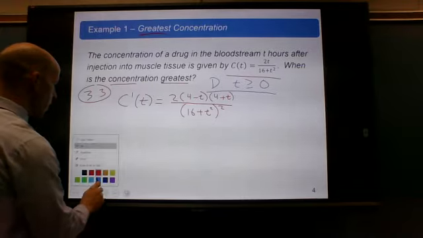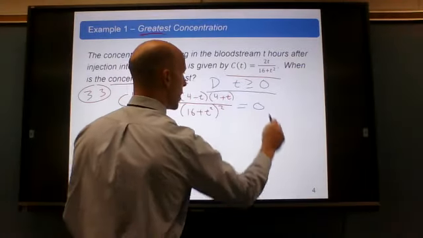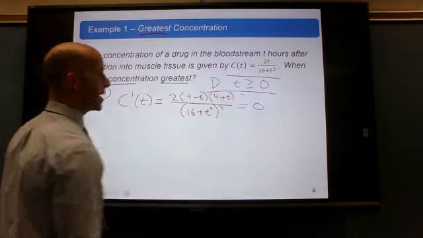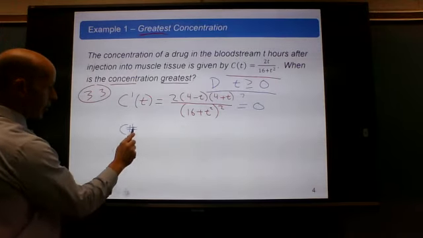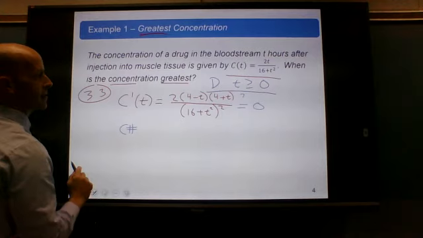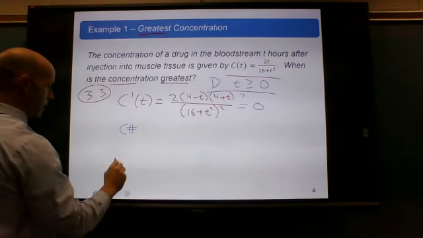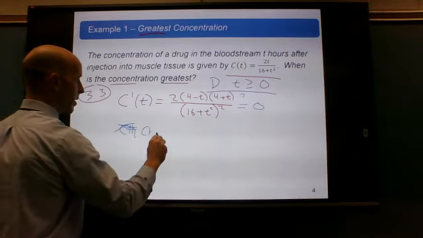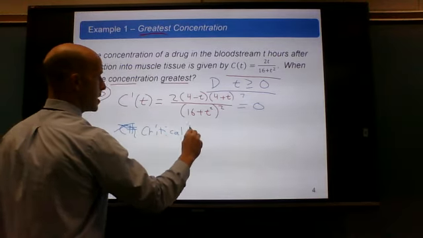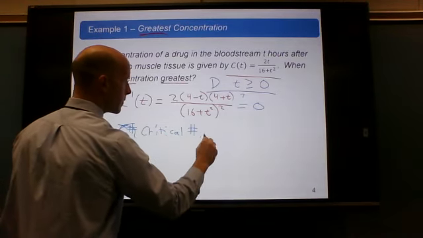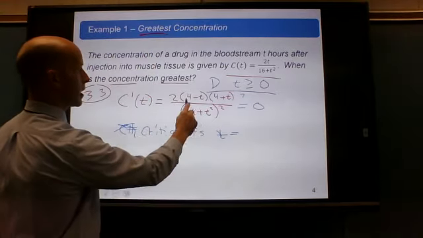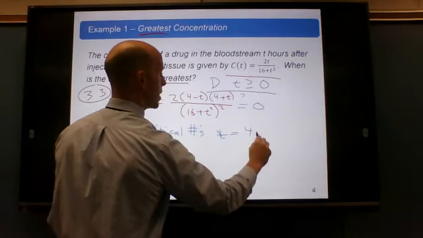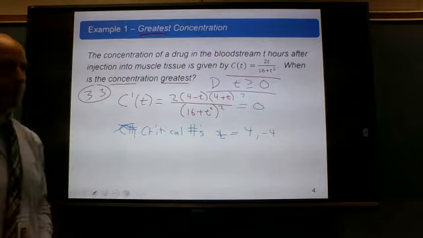Now, what I want to do with that is set it equal to 0 and figure out when it's equal to 0, and that's going to give us what we call the critical numbers. In fact, maybe I should write critical numbers. The critical numbers, well, it looks like it's going to be t equals, let's see here, 4 and -4.